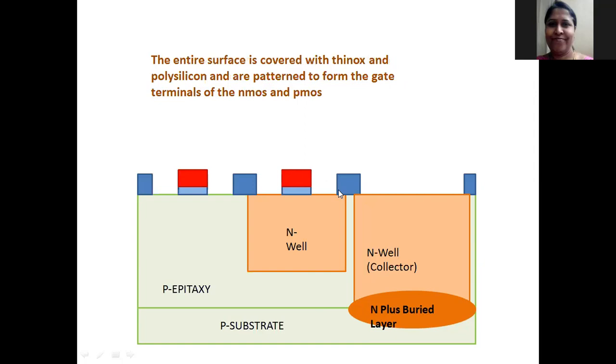So in these two portions, we develop a gate structure. How do we develop gate structure? So by depositing polysilicon over the entire structure, then using photolithography, chemical etching, we should remove unwanted polysilicon from these sides and retain only polysilicon in this portion. So this acts like gates.